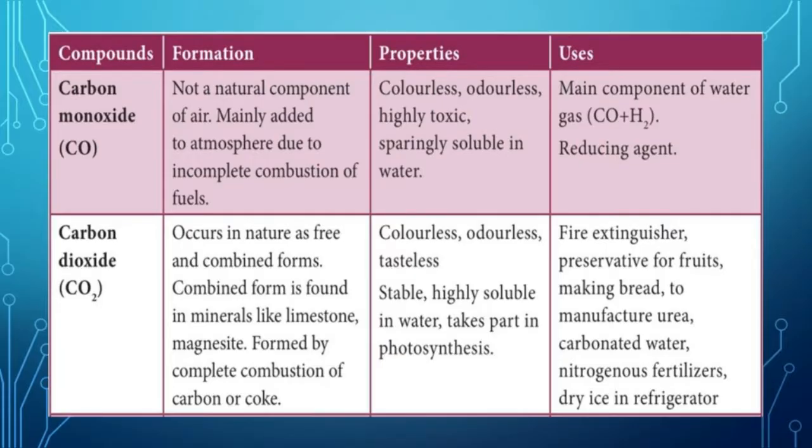Inorganic compounds of carbon. Formation, properties, and uses of some of these compounds are given in this table. Compounds, formation, properties, uses. Carbon monoxide, that is CO. Formation: not a natural component of air, mainly added to the atmosphere due to incomplete combustion of fuels.